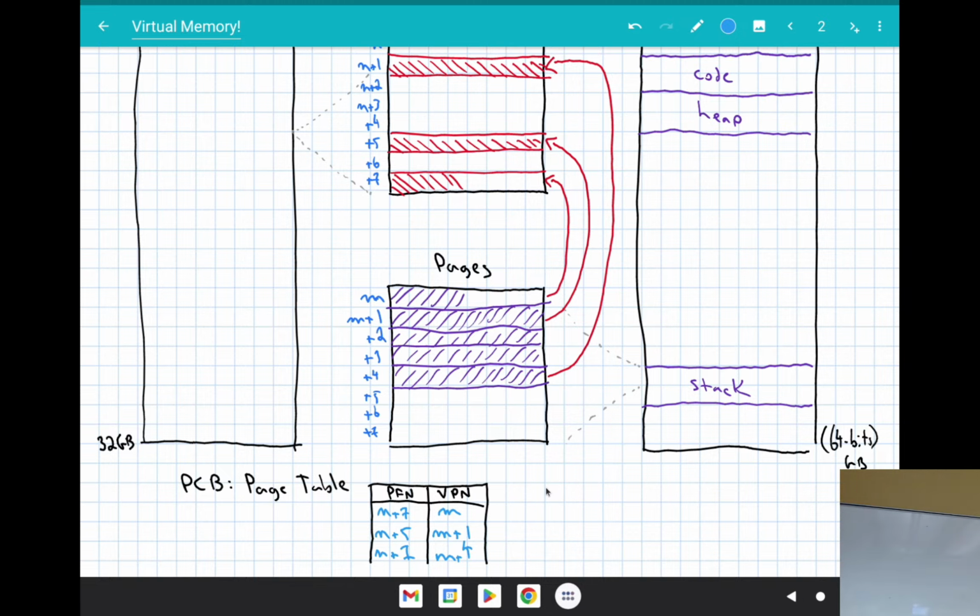It's not going to be dumped here in this arbitrary order that I've got. It's a table. It's going to be an array that represents the mappings between the virtual addresses and the physical page frames that we've got.